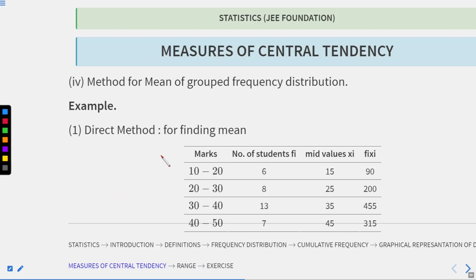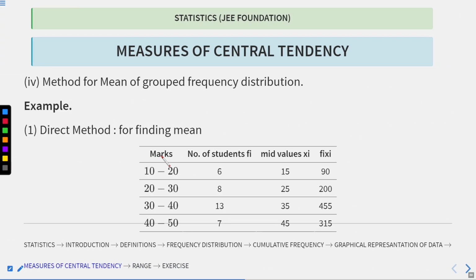So let's see our first example. Here my class interval is given. Now the number of students is my fi. So fi is also given. fi means frequency. So 6, 8, 13 and 7. Now these will be my xi's, or the class marks, or my mid values.